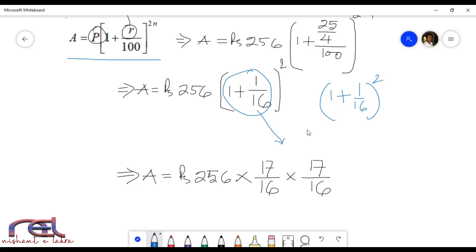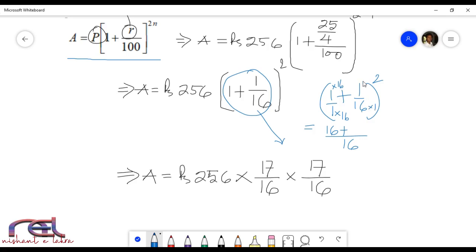I'll explain how we can solve this 1 plus 1 by 16. We have to find the LCM. The LCM is 16, and the number that we multiply with 1 to get 16 is 16. 1 into 16, the same number we multiply with the numerator.